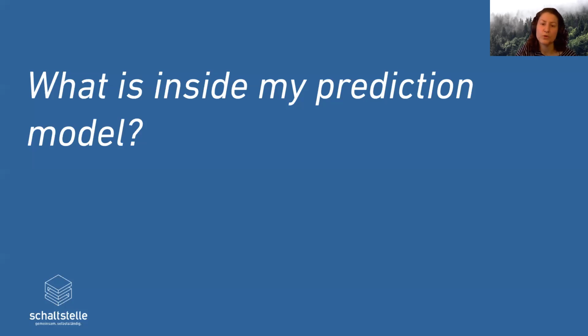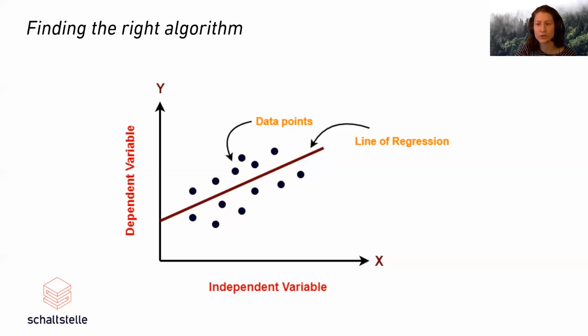Now that we know what data mining is, let's have a look at what's inside the data mining model. What do we need to predict something? Inside the model, you have an algorithm. And the algorithm is the thing that calculates your prediction. In the picture, you see a diagram of a linear regression with two variables, a dependent variable and an independent variable.